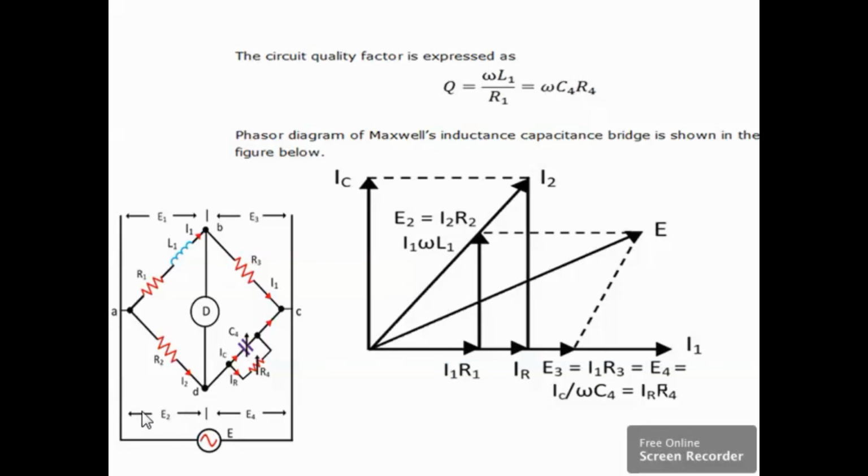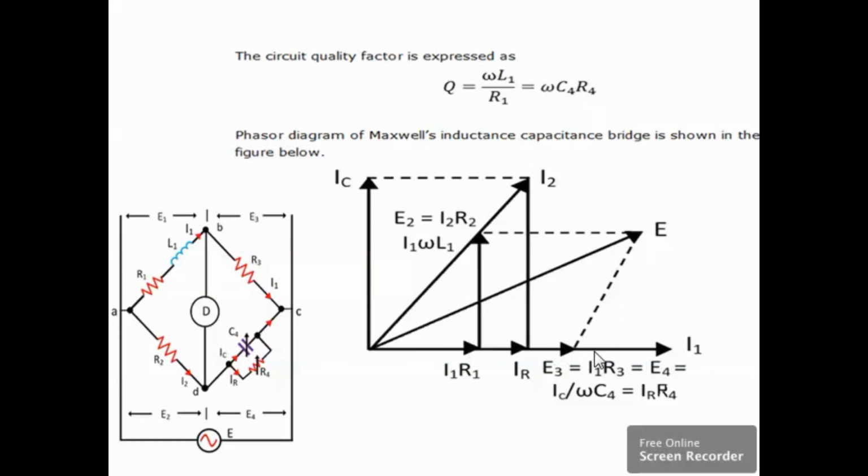And here at balance condition, this E1 must be equal to E2. And E2 is I2 R2. Here you can see I2 R2. So I2 must be here. So this E1 plus E3 must be equal to E, or E2 plus E4 must be equal to E.